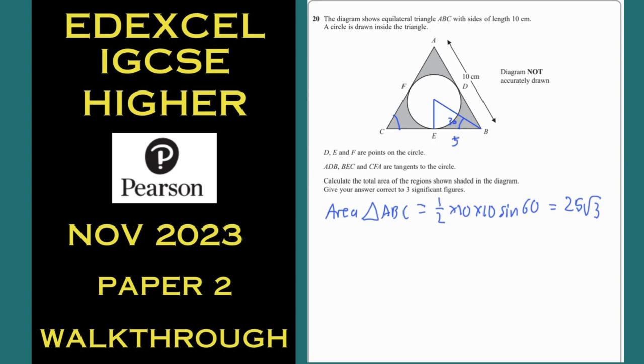Well, to find the area of a circle, you need the circle's radius. That radius happens to be the opposite. 5 is the adjacent, and the angle is 30. Yep, it's a tower.